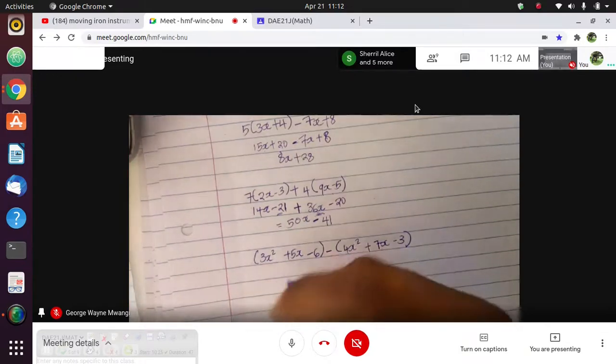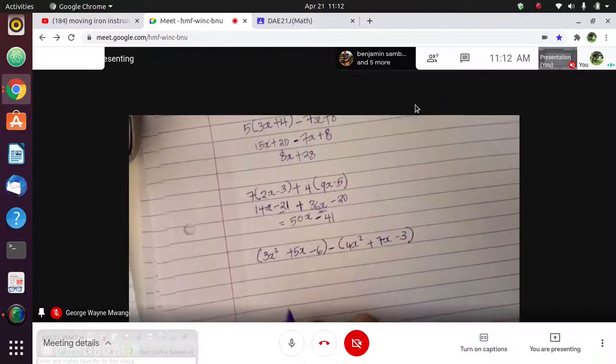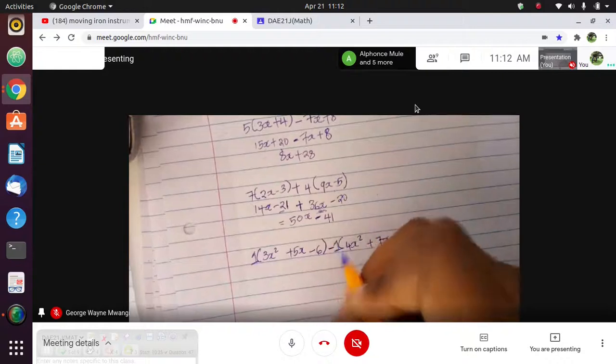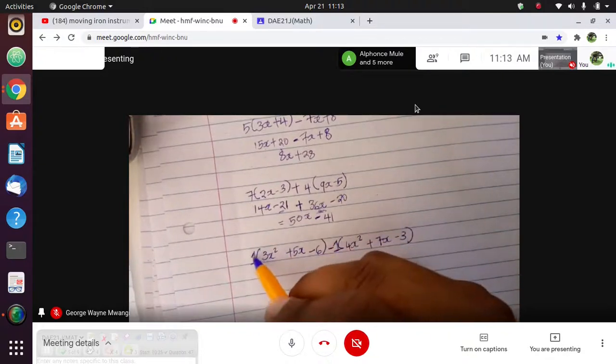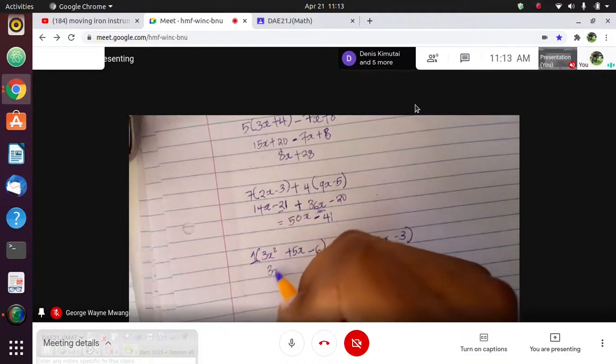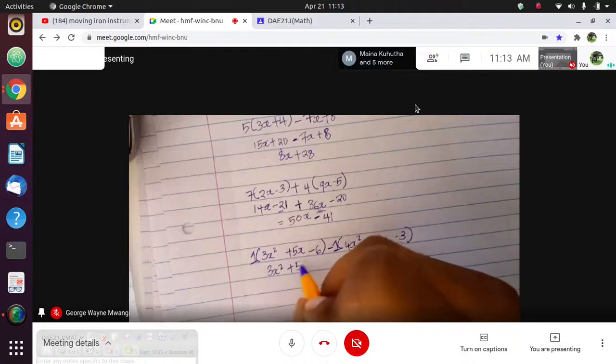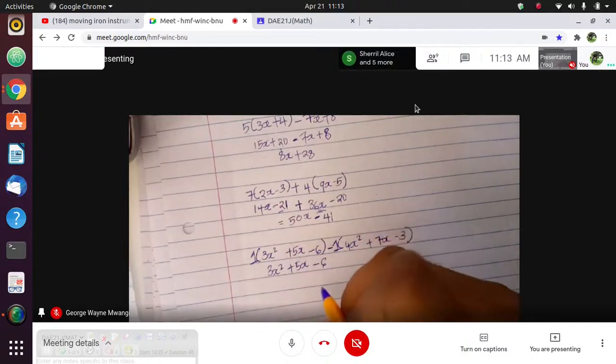Hakuna minus 3x mahali. Let us first open this bracket. Remember that if you don't have a value before the bracket, it is assumed to be 1. So in this case, we have plus 1. So when you open the bracket, 1 times 3x itakuwa 3x squared, plus 1 times 5x itakuwa 5x, minus 1 times 6 itakuwa 6.